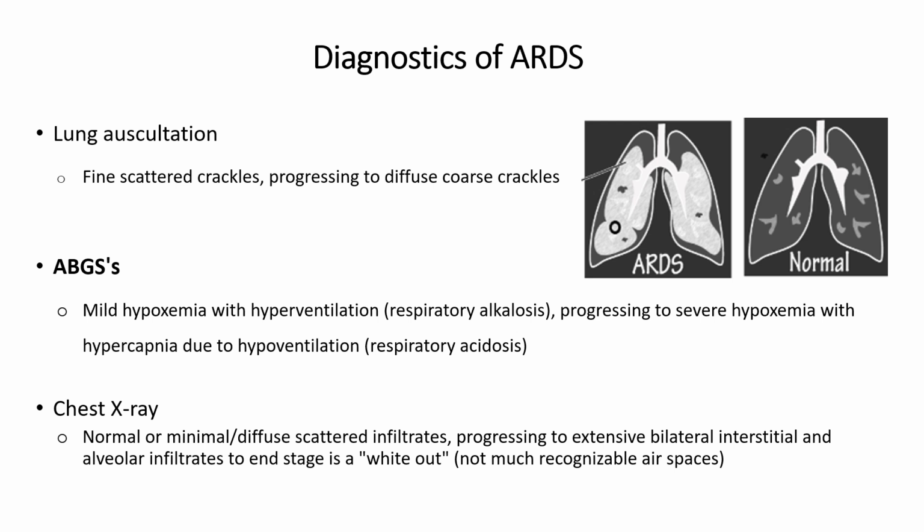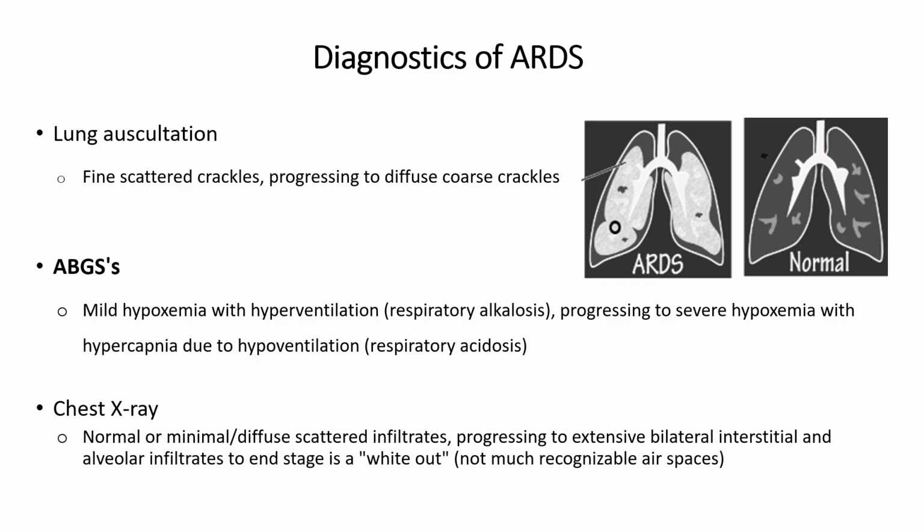At the severe, end stage, on an x-ray it becomes a classic whiteout. You no longer see distinct lung markings or air-filled spaces. It looks almost entirely opaque because the alveoli are filled with fluid, not air. That is one of the most recognizable radiographic signs of advanced ARDS.